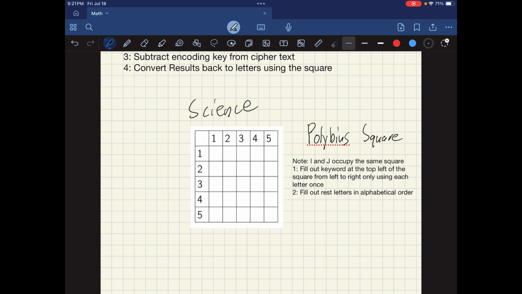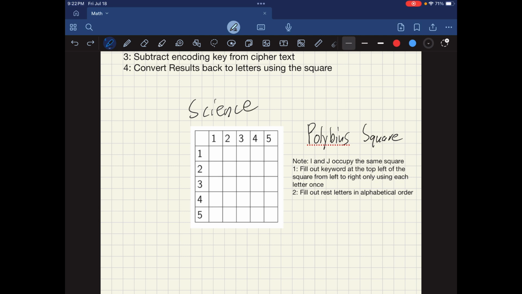The thing about this is you start from the top left corner, and you move from left to right. You fill out this Polybius keyword in this order, but you use each letter of the keyword once. What I mean by this is that you don't repeat letters.